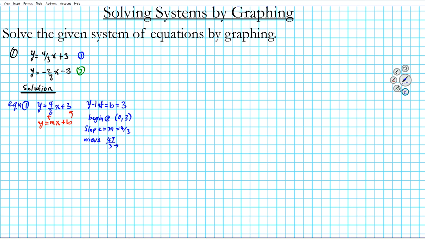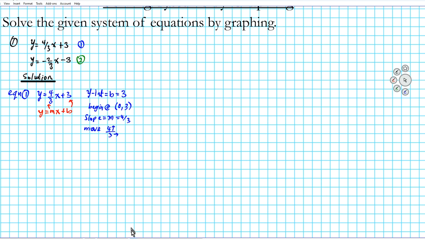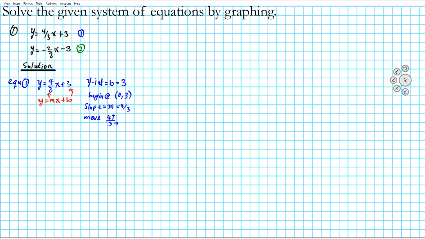All right, so for the second equation, equation 2, what do we have for that one? Let's go ahead and graph equation 1 first, and then we're going to graph the second line right on top of it. Okay. All right, so let's set up our coordinate system right here.